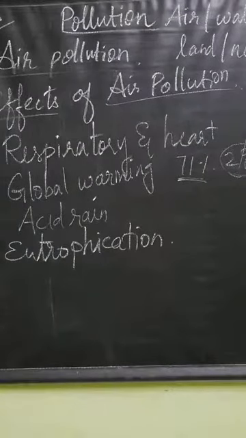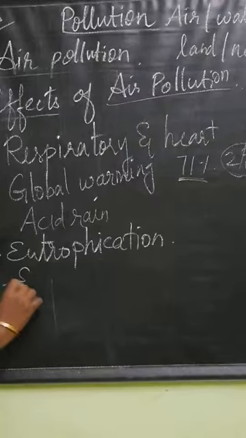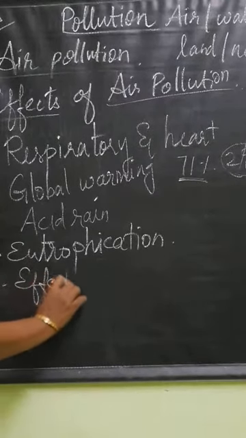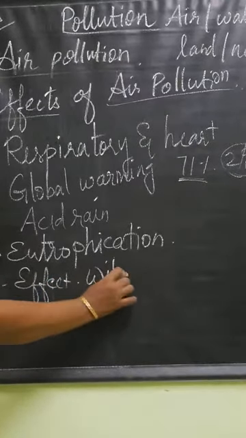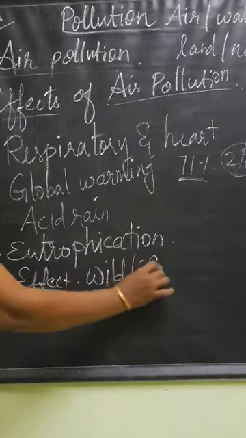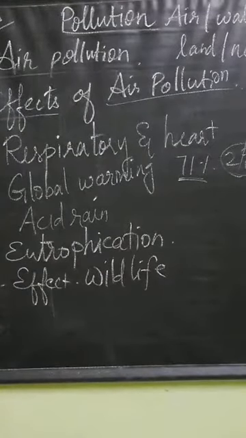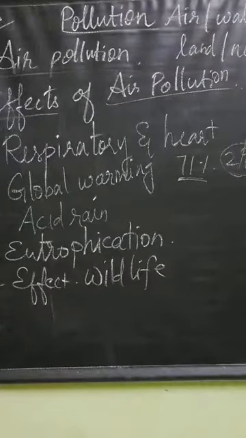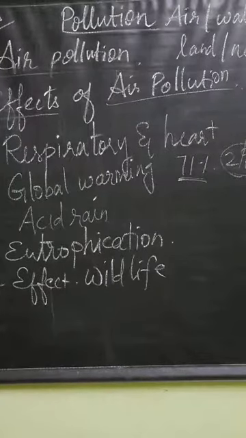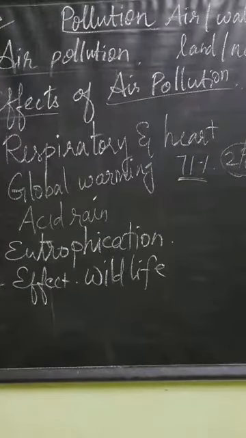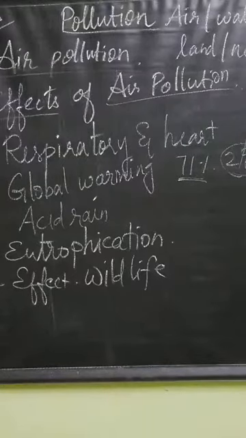And then the effect on wildlife. Not only human beings, not only nature, all the animals. We all, plants, animals, human beings, all together we say it is an ecosystem. So the entire ecosystem will be affected by air pollution.